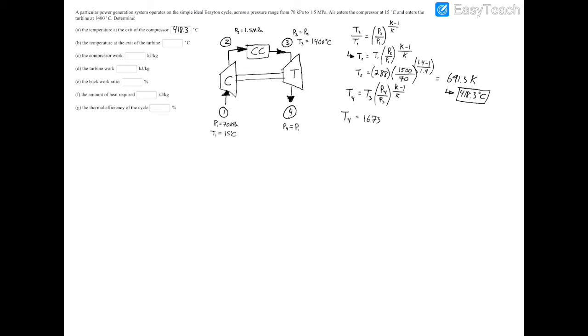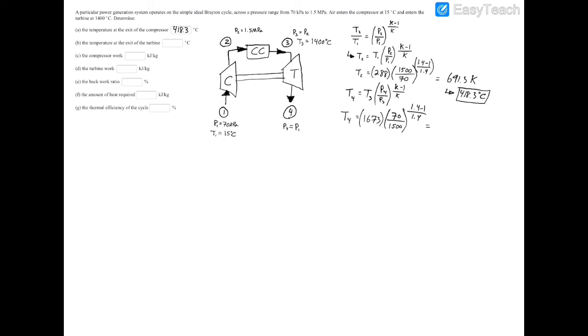Make sure you're in Kelvin, as you have 1400 up there in Celsius, times the pressure ratio. So P4 is equal to P1, which was 70 kilopascals, and P3 is going to simply be 1500 kilopascals, as we have P3 is equal to P2. And that's going to be, once again, to 1.4 minus 1 over 1.4.